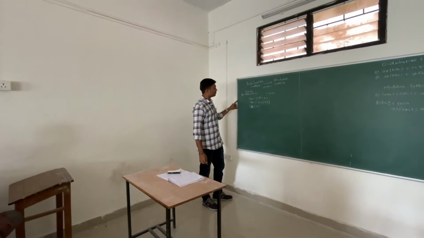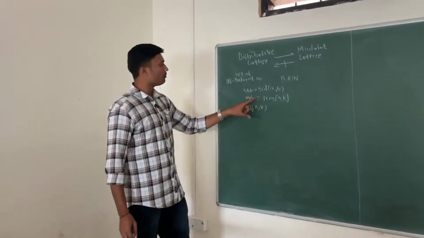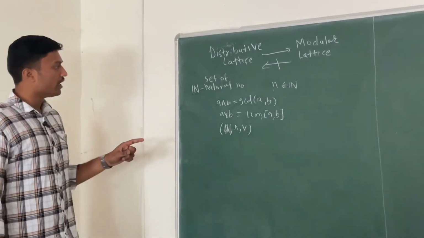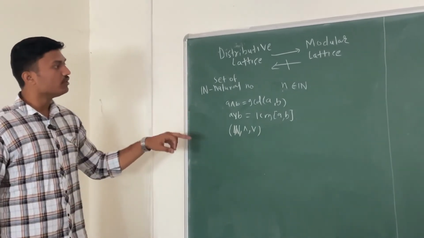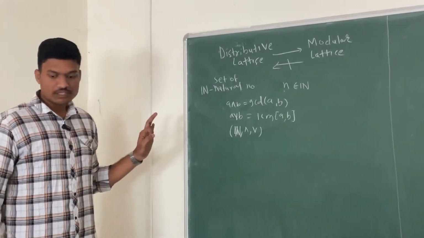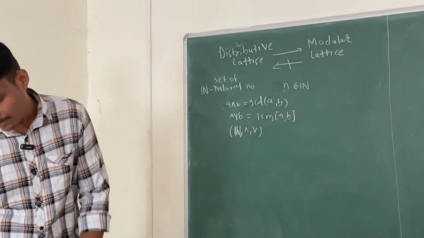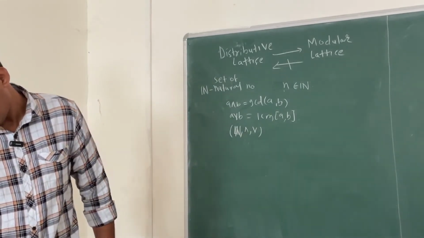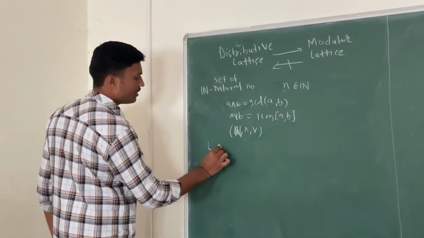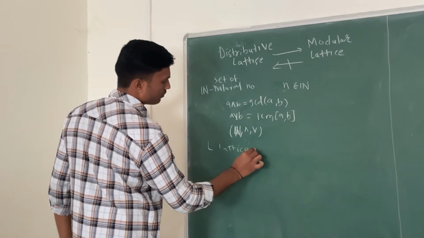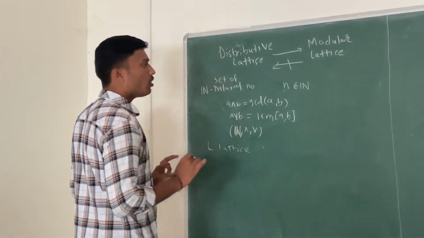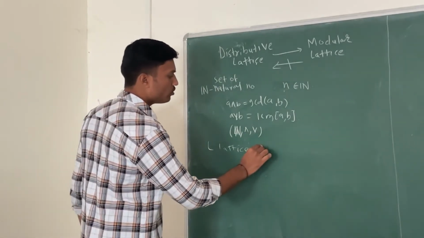Then A meet B is GCD of A comma B and A join B is LCM of A comma B. Then we have to show that L, the positive divisors of n, is a lattice.